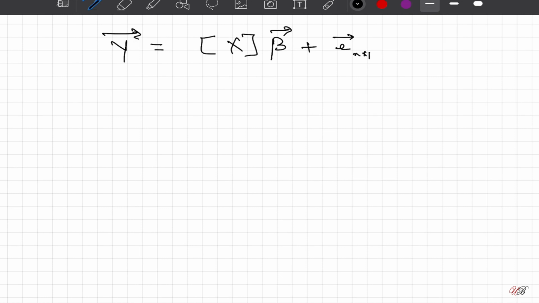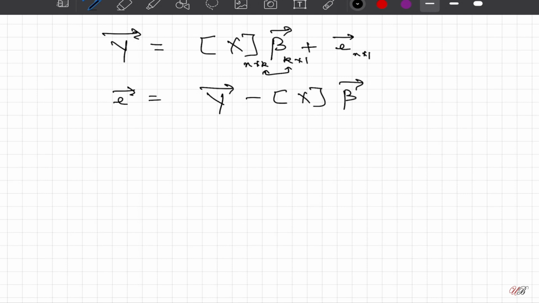Beta is also k cross 1, x is n cross k. So since these inner terms match, this matrix multiplication is permissible, hence we are good here. And error can be written as y vector minus x beta.